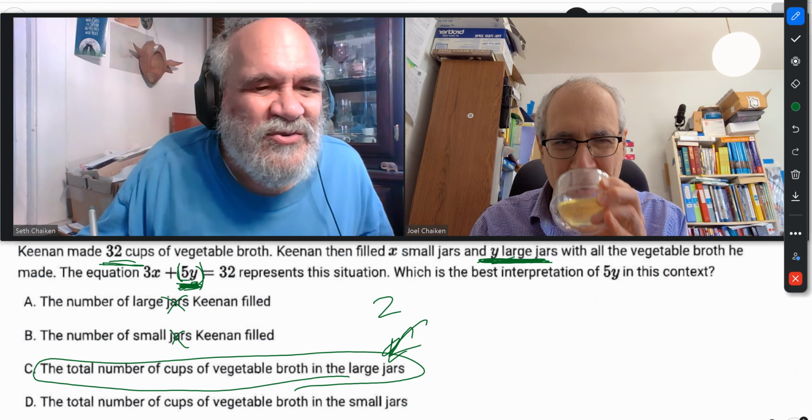Next sentence, important. Keenan then filled X small jars and the other stuff. So I'm going to circle X small jars and then write down what X represents. Go below because we can't see you.